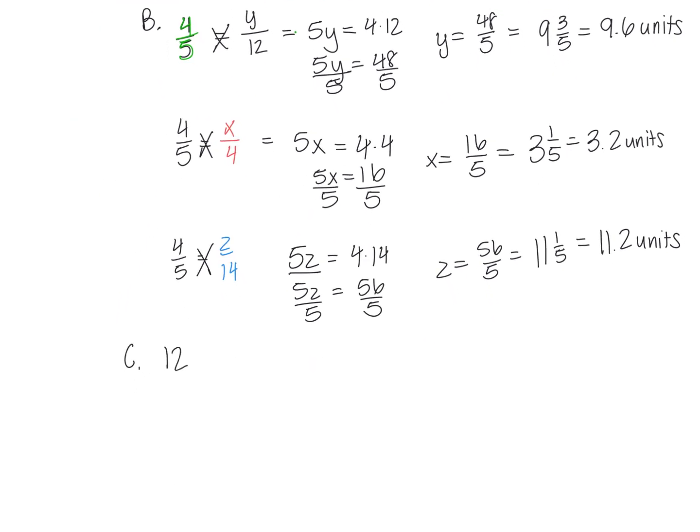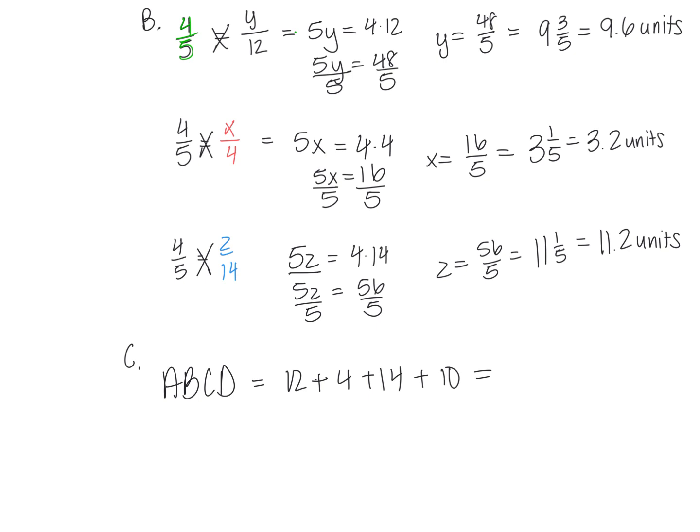12. What was the other one? We had 14, 4. I'll write it this way. A, B, C, D. 12 plus 4 plus 14 plus 10.